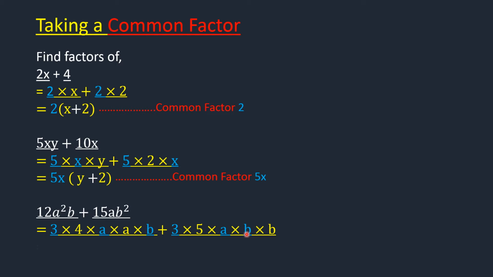So we will take 3ab as the common factor and write the factors as 3ab multiplied by 4a plus 5b. Here the common factors are 3, a and b, and the fourth factor is 4a plus 5b, which is also a group of two terms.